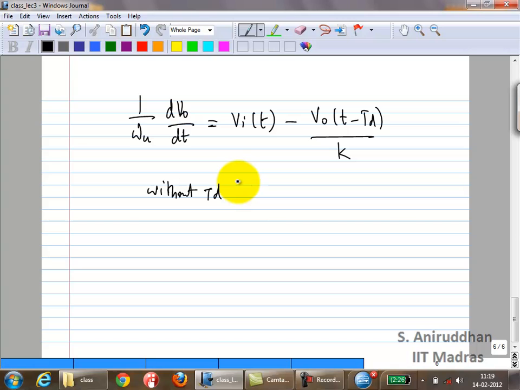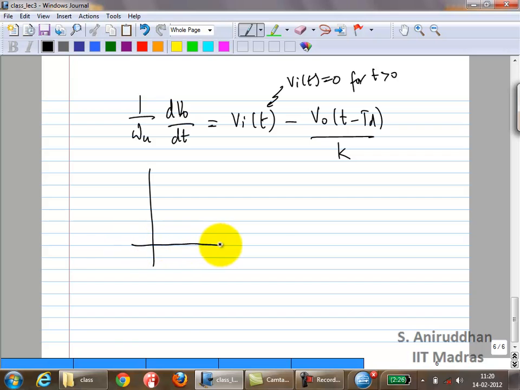Without Td, you know there is some exponential solution. Now let's say we want to find the solution to this. We'll assume Vi of t looks something like this: there is a steady state before 0, and at t equal to 0 it goes to 0.